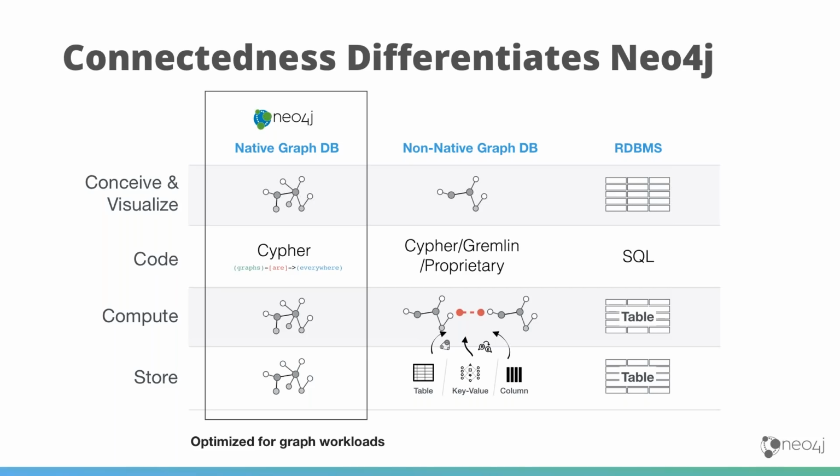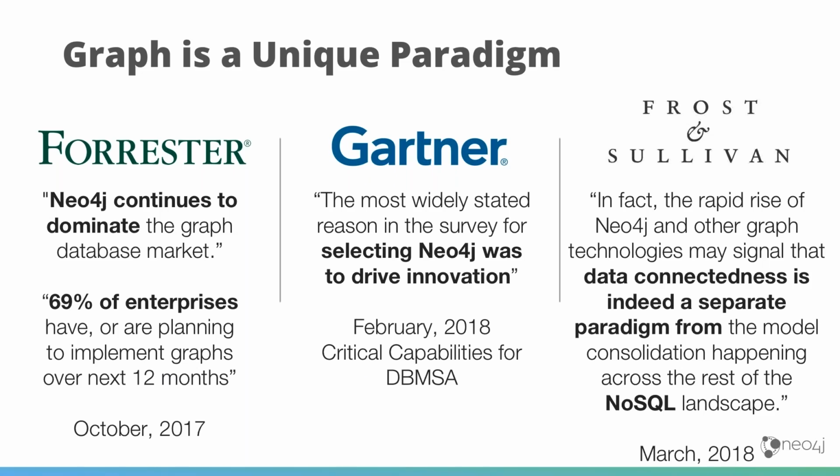And so through and through, up and down the different layers of our technology, we've optimized it for graph workloads, as opposed to other technologies that are not necessarily as much about connectedness of the data as they might be about the collection aspect of the data.